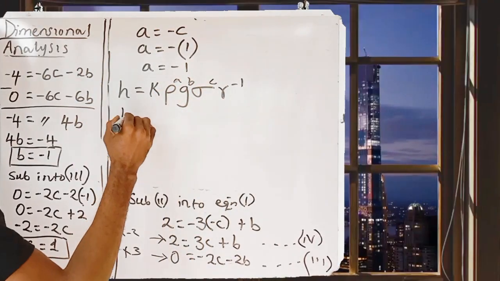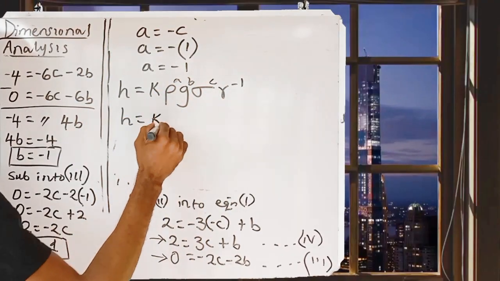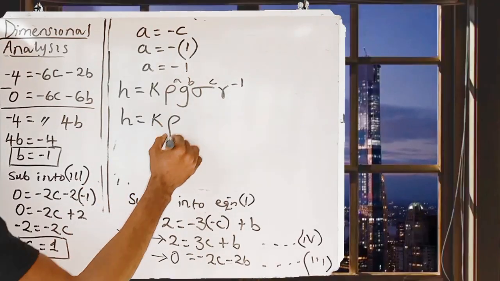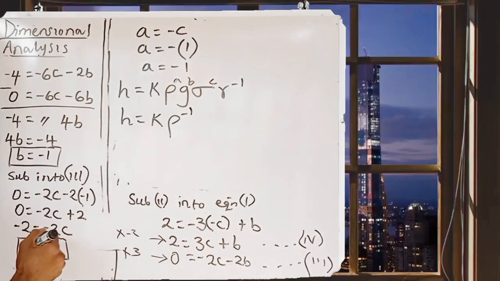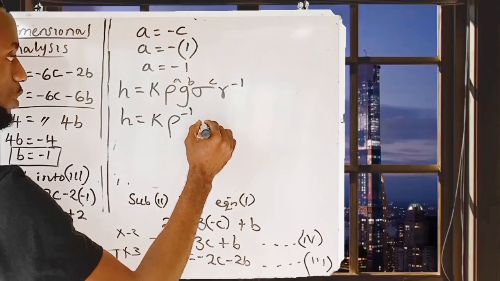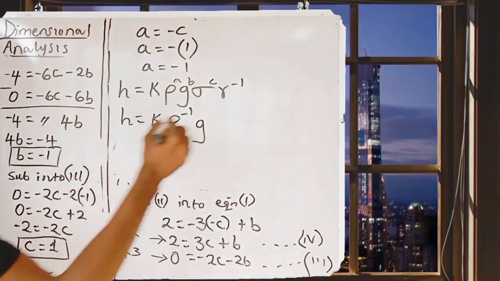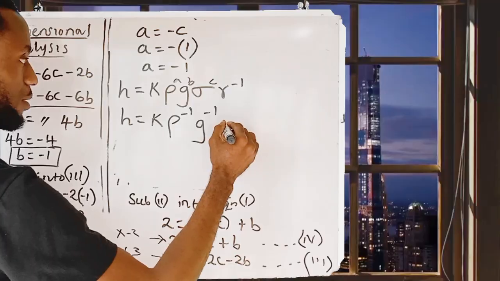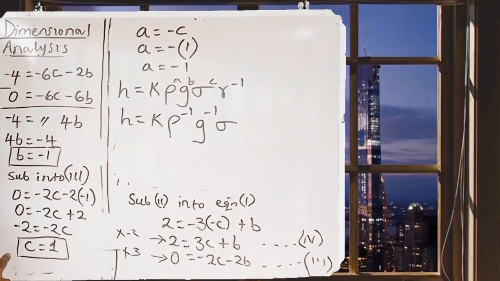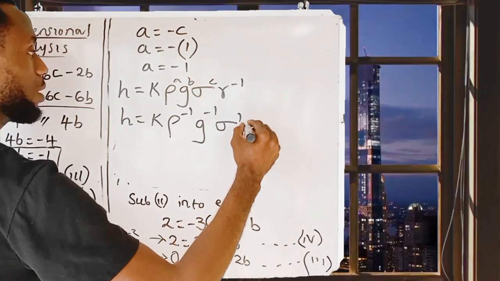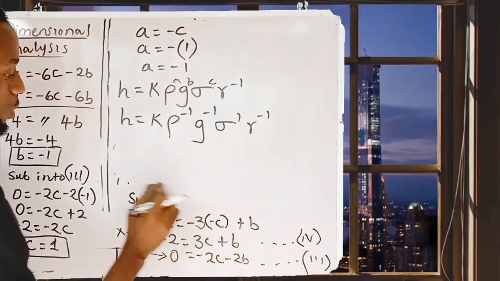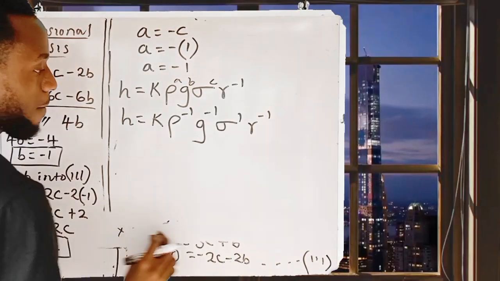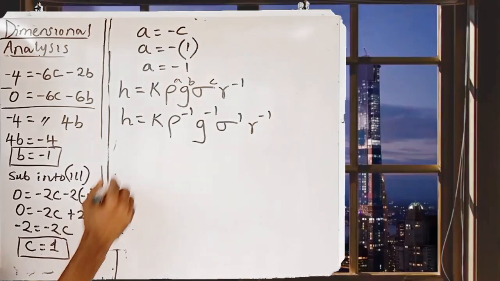Okay, so this becomes h equals k. What was the value of a? A was minus 1. B, which is for gravity, is also minus 1. And then c, which is for surface tension, was plus 1, and then r is minus 1. So what does that mean? All the ones with negative powers belong to the denominator.